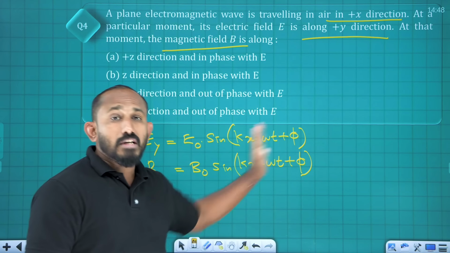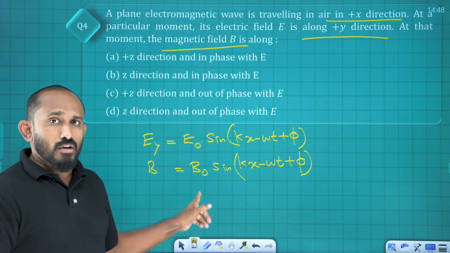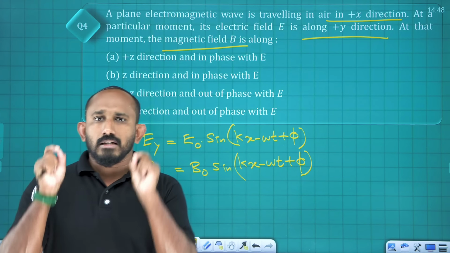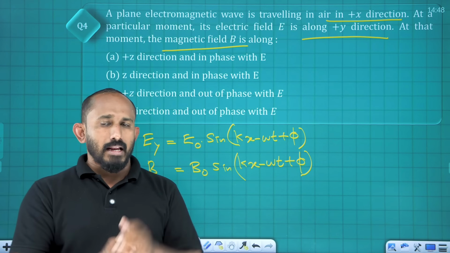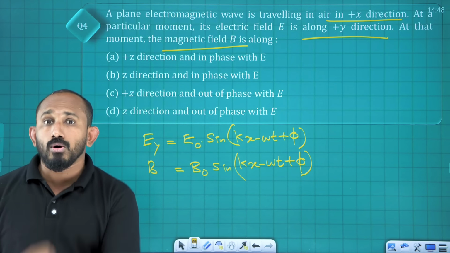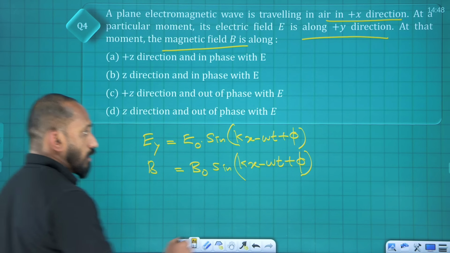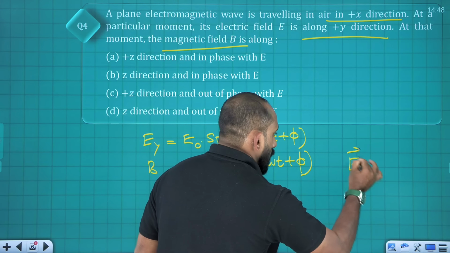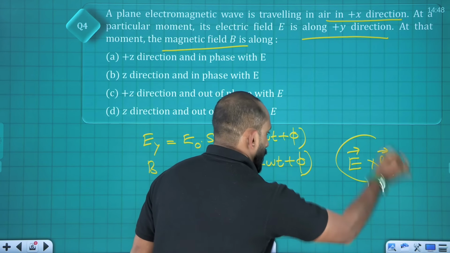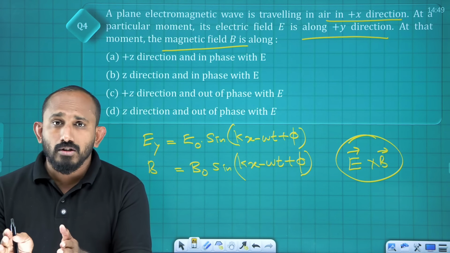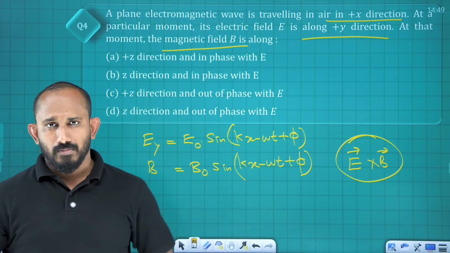The only difference is the peak value of both and the direction. We studied that the electromagnetic wave propagates in a direction perpendicular to both electric and magnetic field, because the direction of propagation will always be vector E cross vector B. So it will be perpendicular to both electric and magnetic vectors.